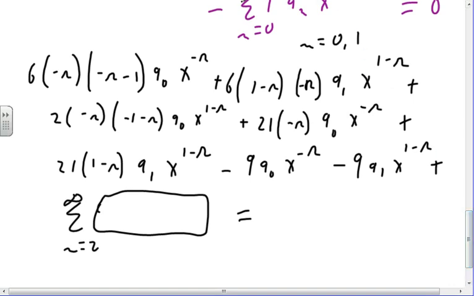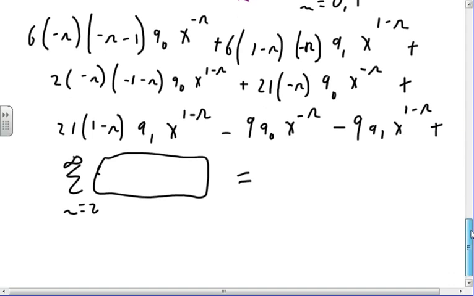All right, now, that being the case, the x to the minus r terms, there's 3 of them. There's 3 x to the minus r terms. And then there's 1, 2, 3, 4 x to the 1 minus r terms. But the x to the minus r terms have to be 0.